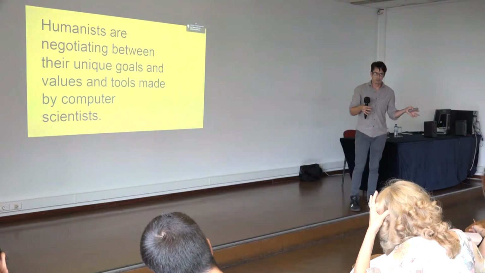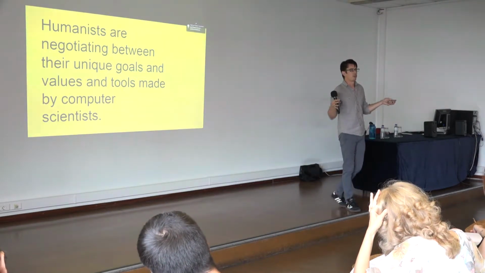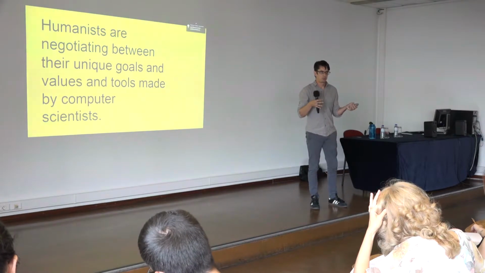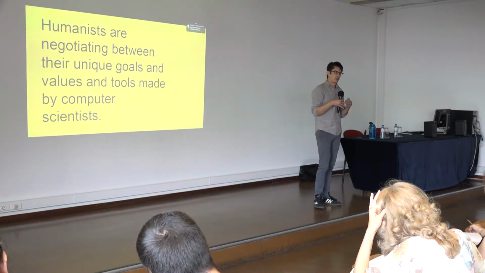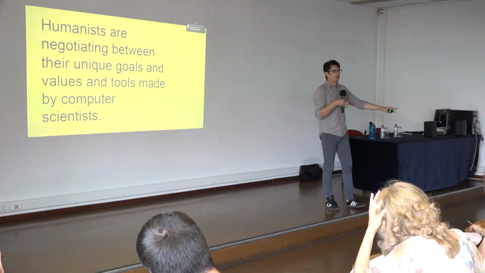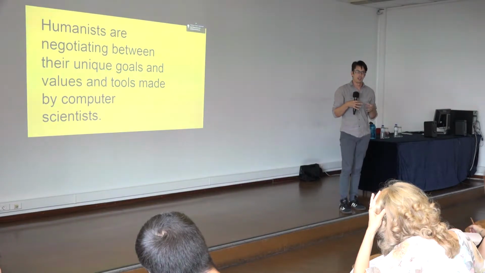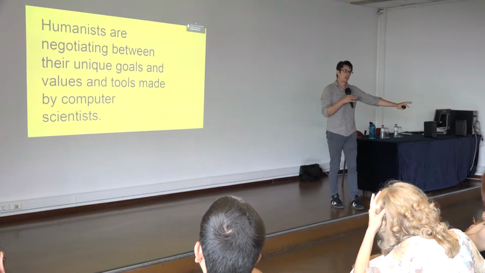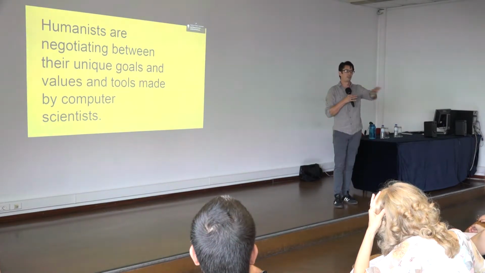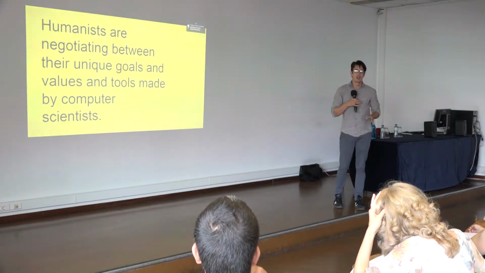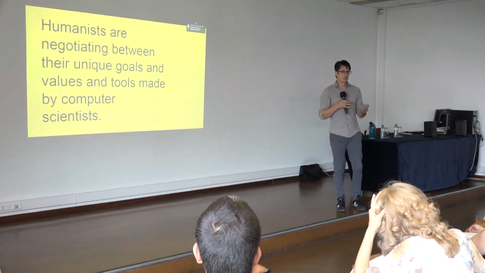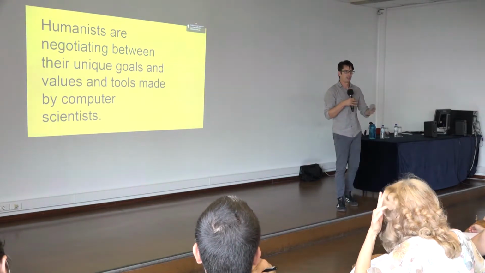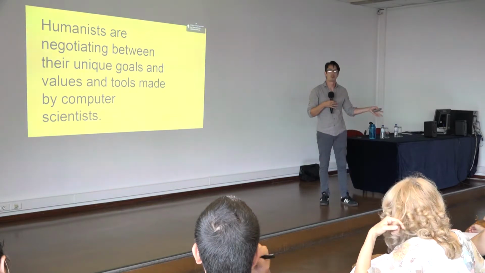And a good example of this is the concept of ground truth. So computer scientists, people doing machine learning, tend to assume that there is a ground truth in the world, that I can say, this is a picture of a cat, or this is not a picture of a cat, or this is an example of the Gothic genre, and this is not an example of the Gothic genre. The sentiment of this sentence is +9, the sentiment of this sentence is -4.